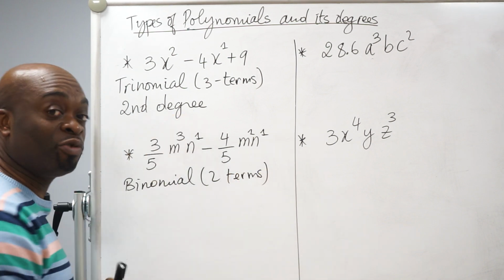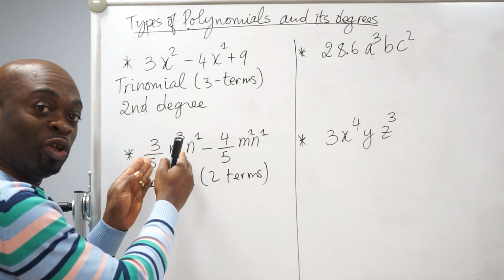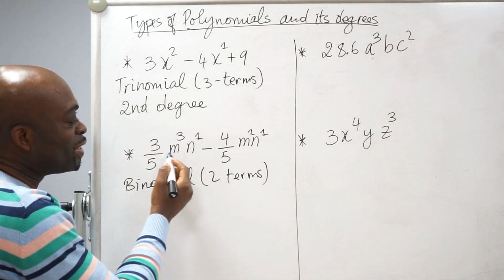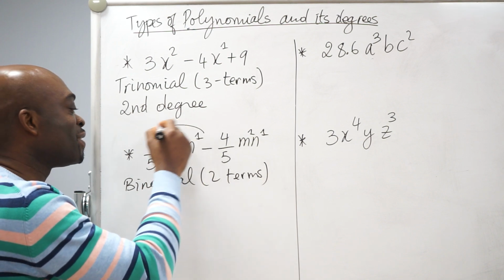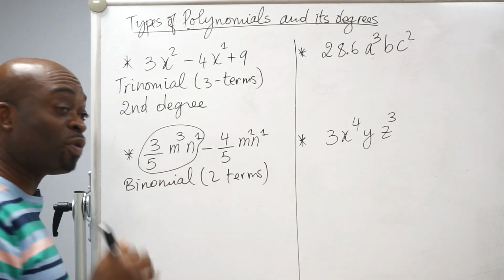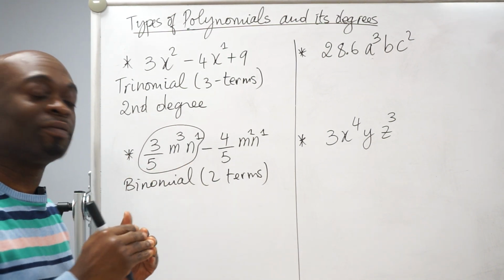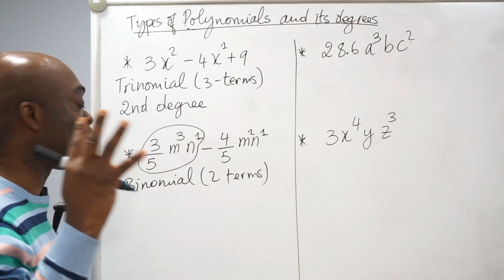Now when it comes to the degree, remember, we take each term and look for its degree. The difference now is that we have 2 variables in 1 term. So this is 1 term here. We take the variables, look at the powers, and add them up. So we have 3 and 1, that's 4. So that's power 4.